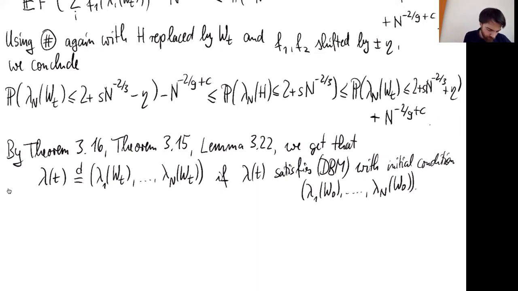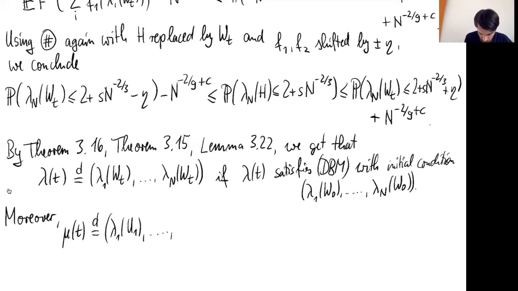Okay. And as I already said before, the mu t is in distribution the same as the eigenvalues of some GOE matrix.